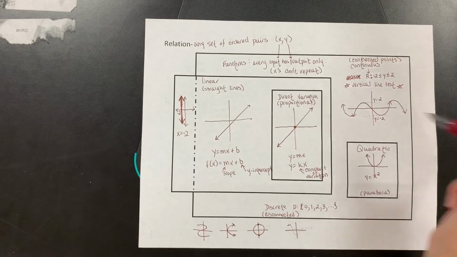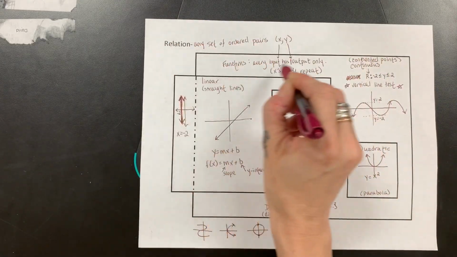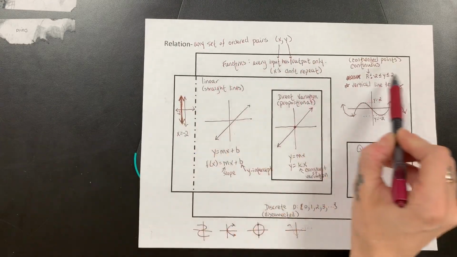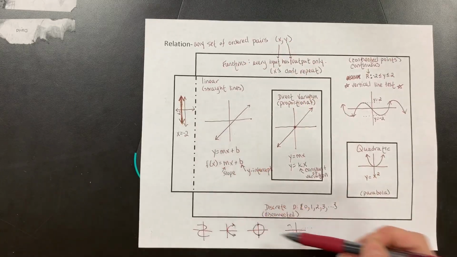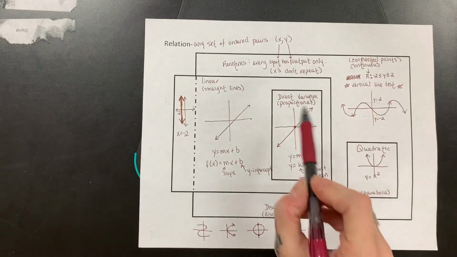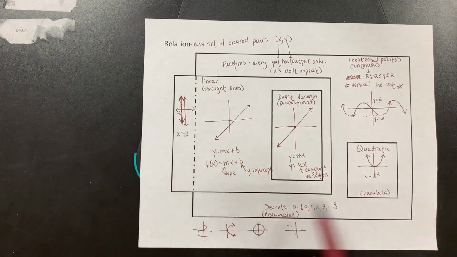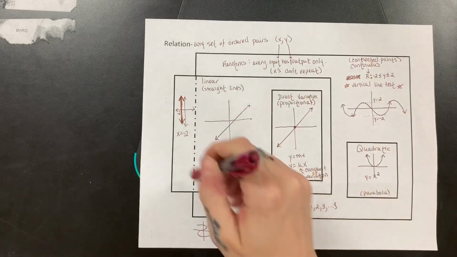So, in conclusion, right, we've got lots of different relations. Some of them are functions. Some of them aren't functions. Some are related to functions. We look at a lot of linear functions.